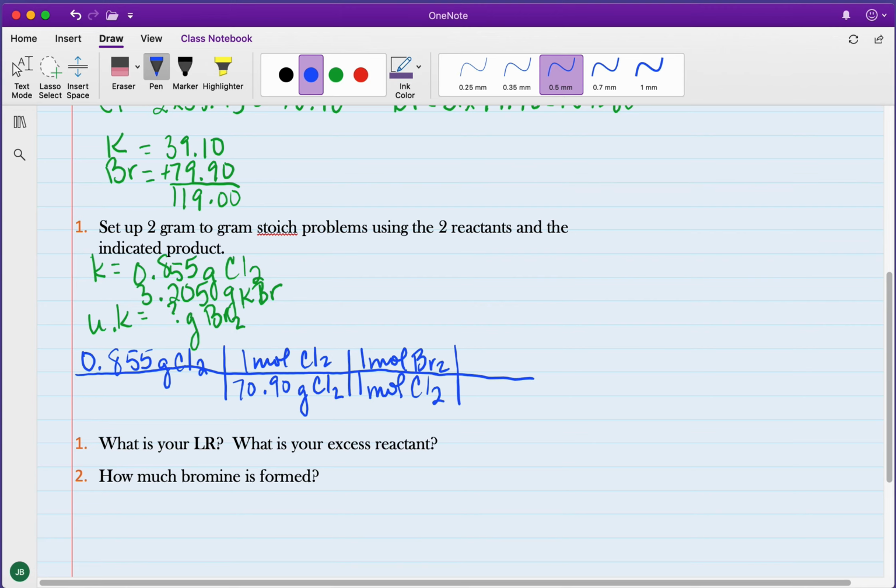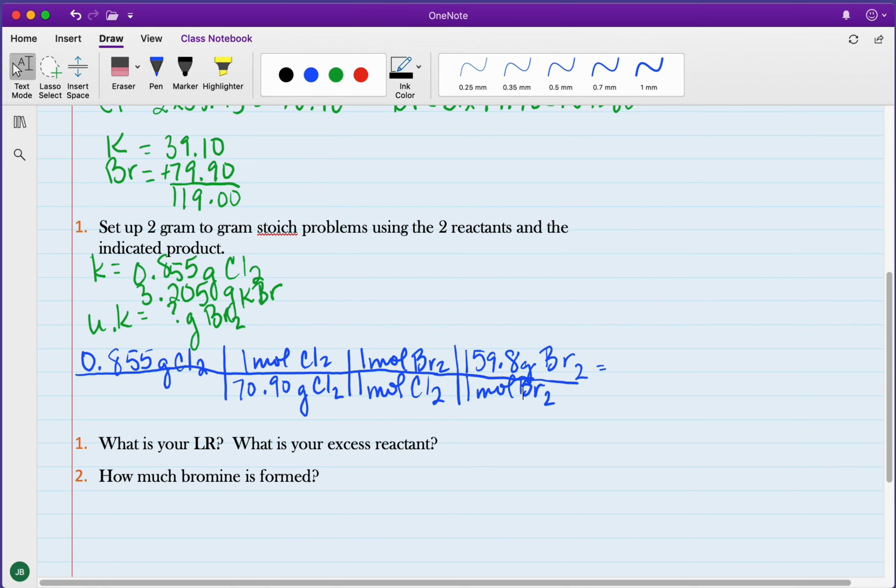And the next thing we'll do is the molar mass of bromine. So in 1 mole of bromine, you have 159.8 grams of bromine, Br2.